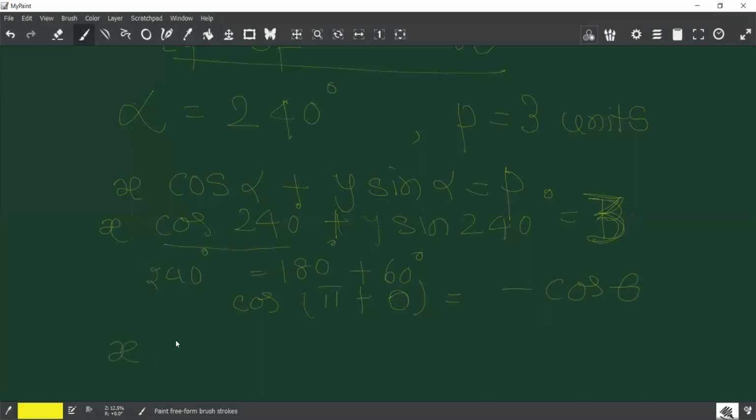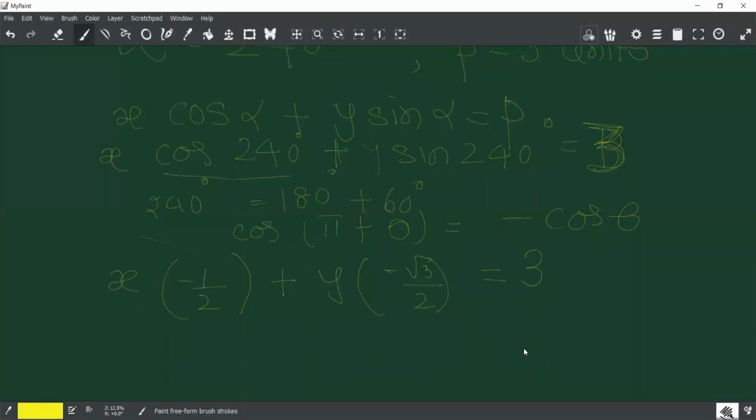So it is x into minus half plus y into sin of pi plus theta, which is minus sin theta. So it is minus sin 60, which is minus root 3 upon 2, is equal to 3. Correct?